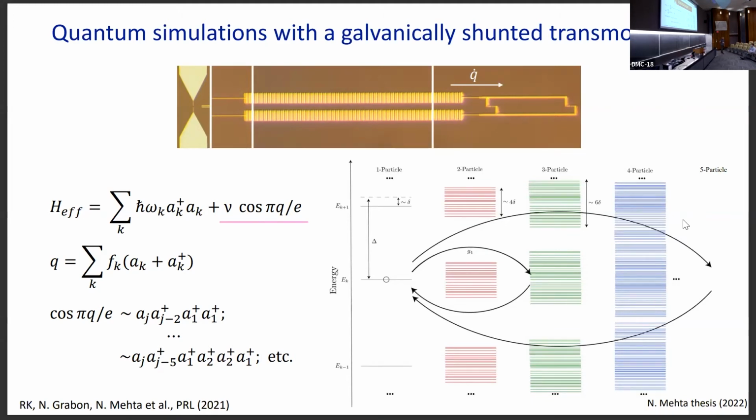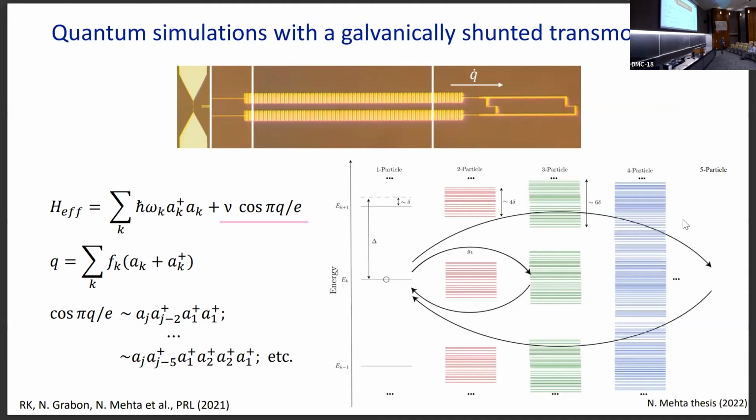And now, because it's a cosine, you can imagine that if you plug in this Q here, there will be terms which are like 4, 6, and so on operators, where you destroy a photon in mode j and create 3 others, or 5 others, or 7 others. So then this kind of impurity has a different connectivity in this Fock space.